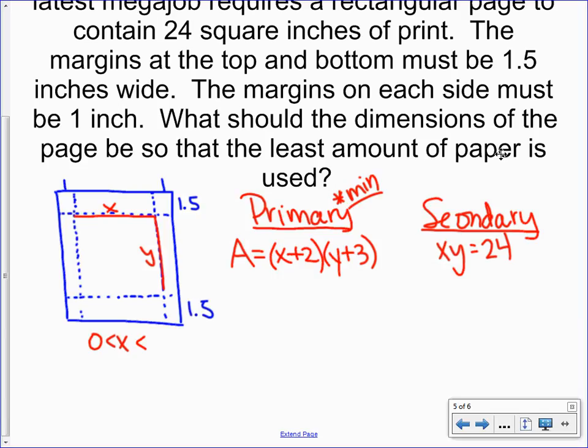But I think X must be less than 24, because Y could be like 1, and then you still get 24 square inches. If Y is 0, you're going to go to your secondary equation.